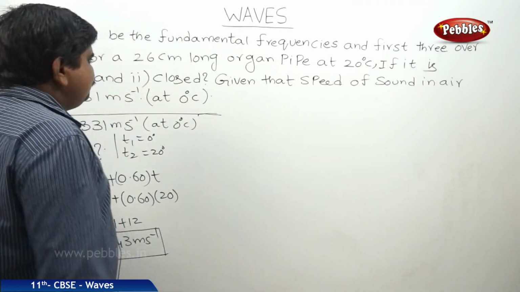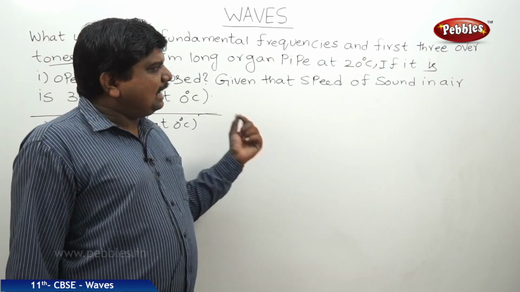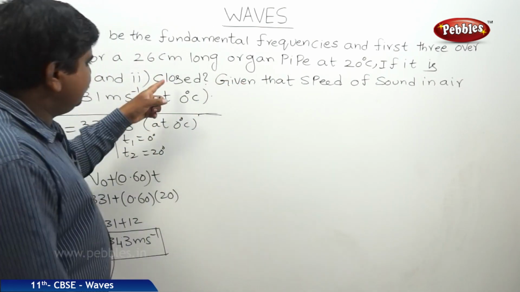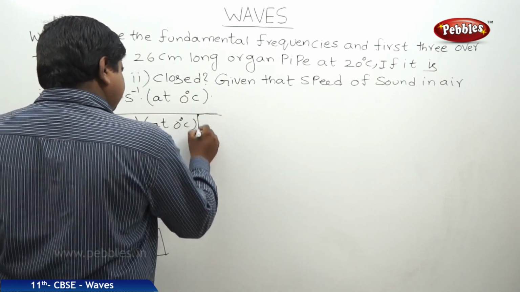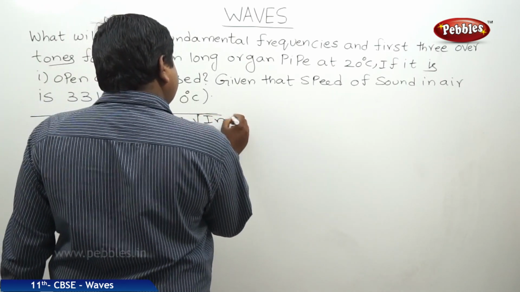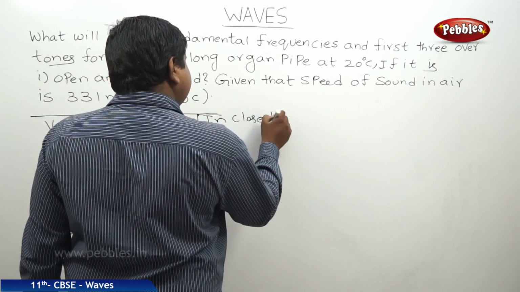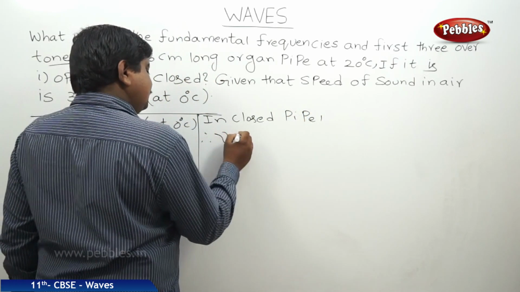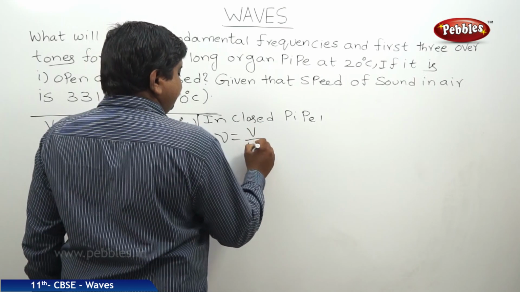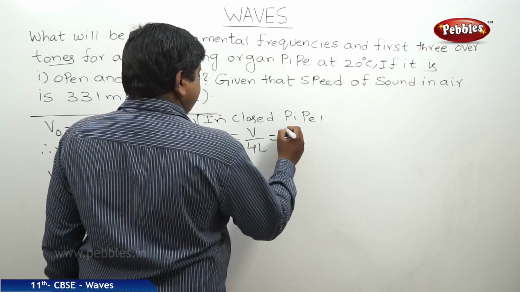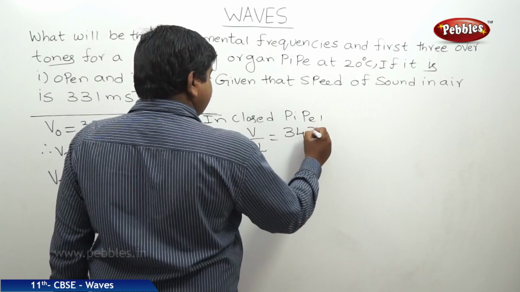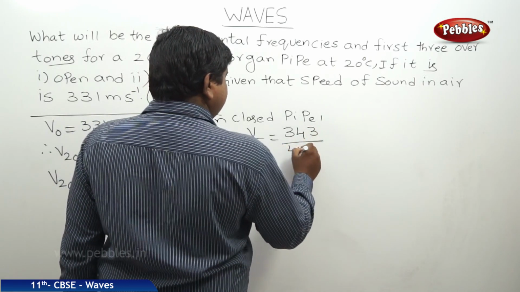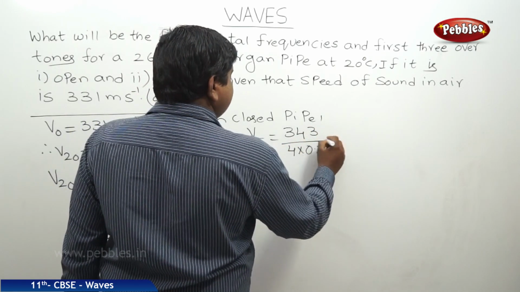So, the second case is we should find out the fundamental frequencies and their first three overtones in closed case. So, in closed pipe, frequency nu is equal to V by 4L, where V is equal to 343 by 4 into L is equal to 0.26.